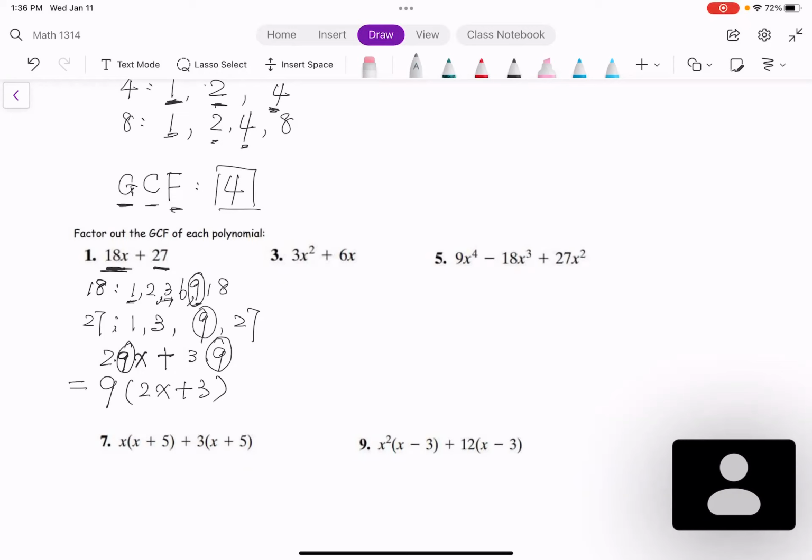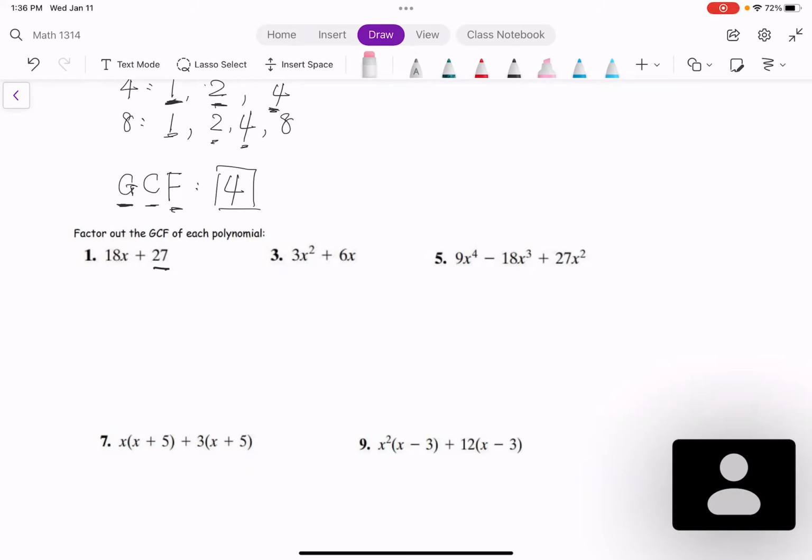So let's clear this area. The GCF from 3 and 6, I can factor out the 3, because 3 equals 3 times 1 and 6 equals 2 times 3. So the GCF is 3. How about the x part?